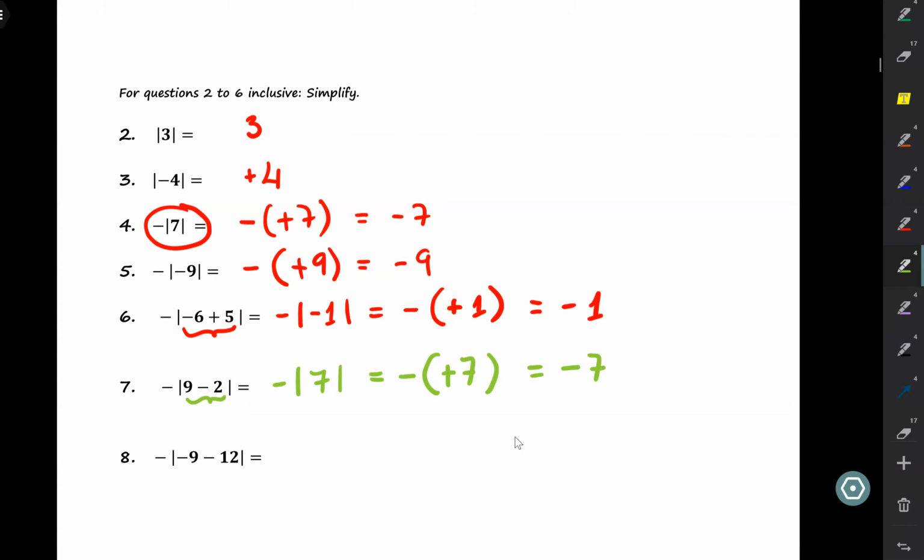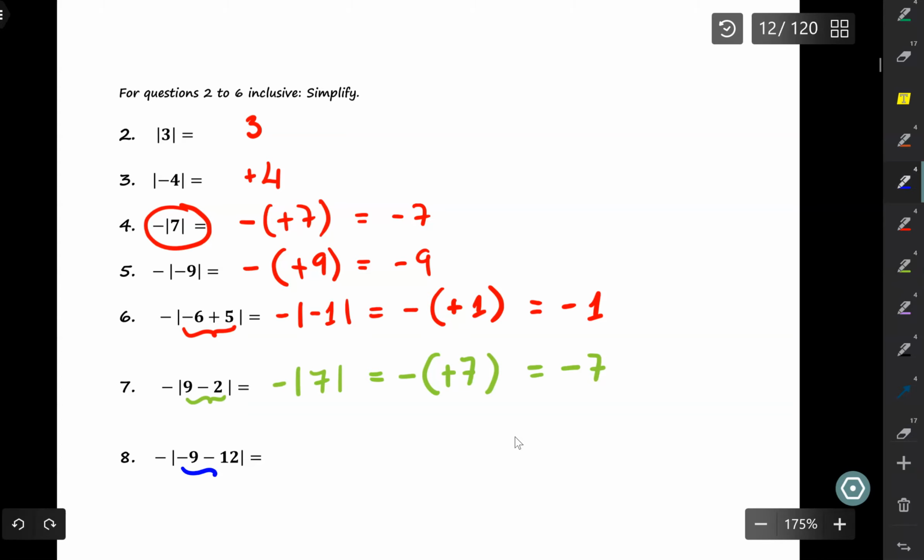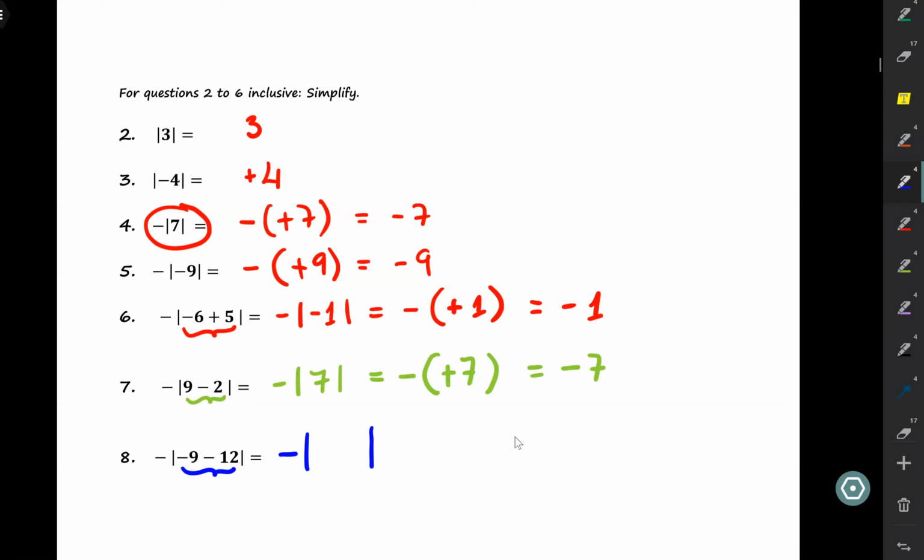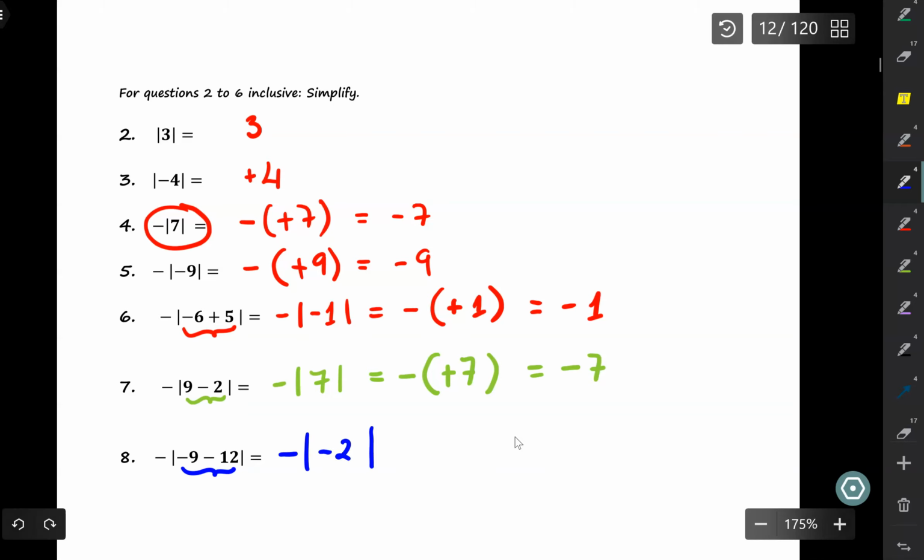Alright. Okay, for these questions again, I will calculate this operation first. Leave that negative for now. Still leave the absolute value. And use your calculator. Negative 9 minus 12 will give you negative 21.